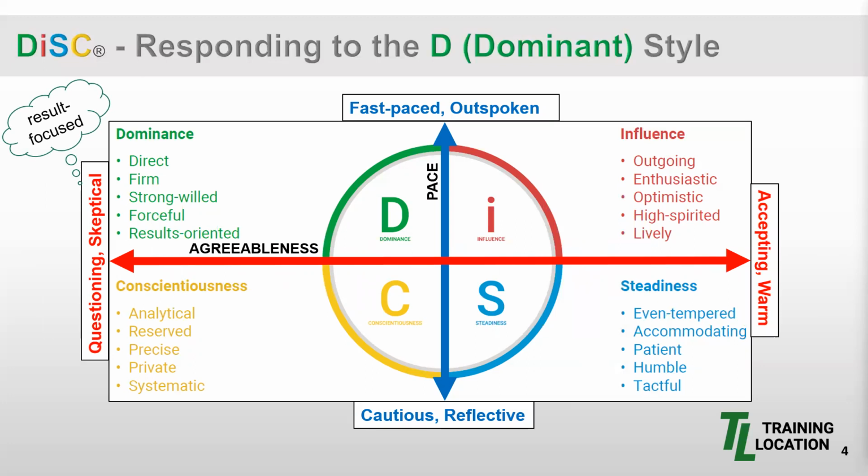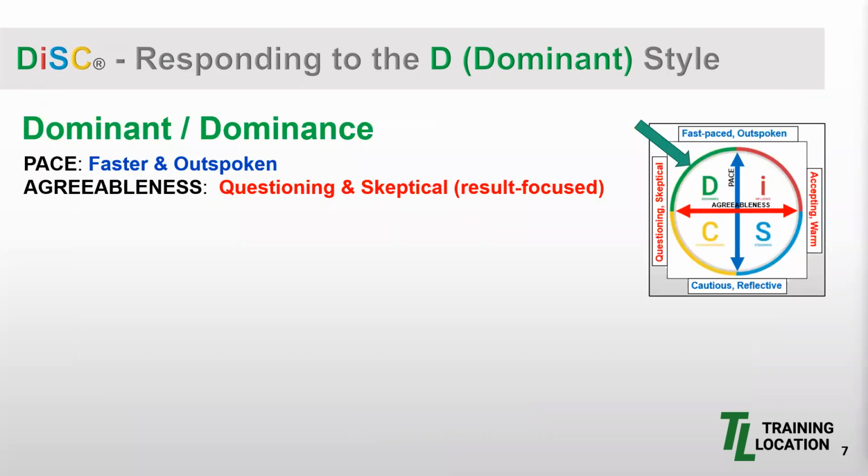A general term for them might be people-focused. It is the interaction between these two continua of pace and agreeableness which forms the four quadrants or basic styles of the DiSC model and by which you identify a person's DiSC style.